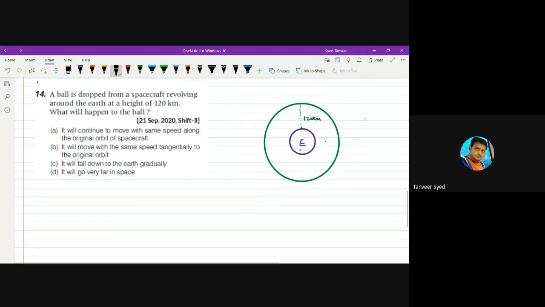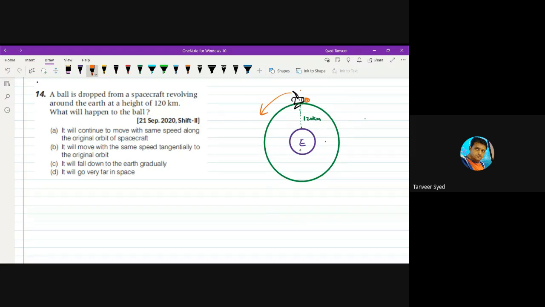When the spacecraft is here, it releases a ball. A ball is dropped. What will happen to this ball? Let us say it is revolving like this in anti-clockwise direction. What will happen to the ball?